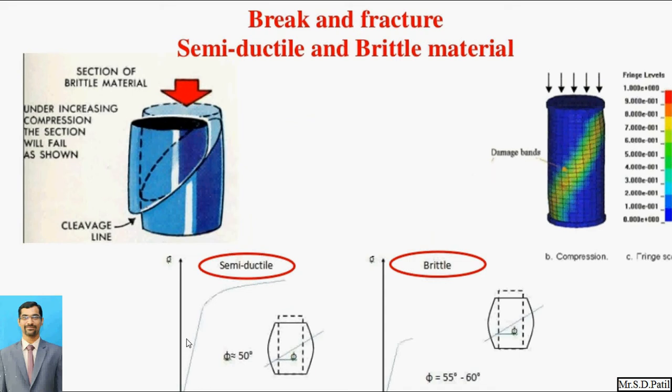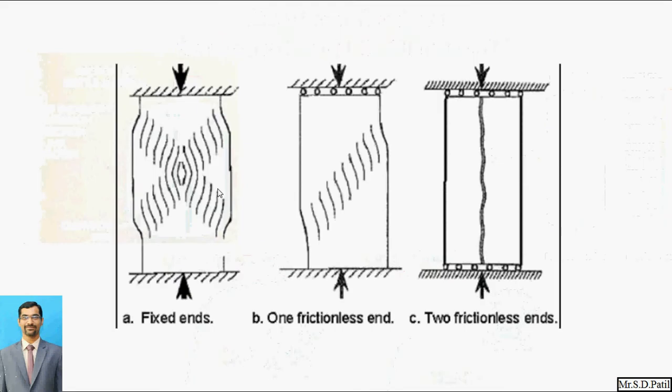For the semi-ductile, again we can see how the graph looks, and for the brittle material how the graph and the fracture pattern look. Exactly along the plane we get the fracture. That cleavage line we can see, and that fracture occurs in the case of brittle material.